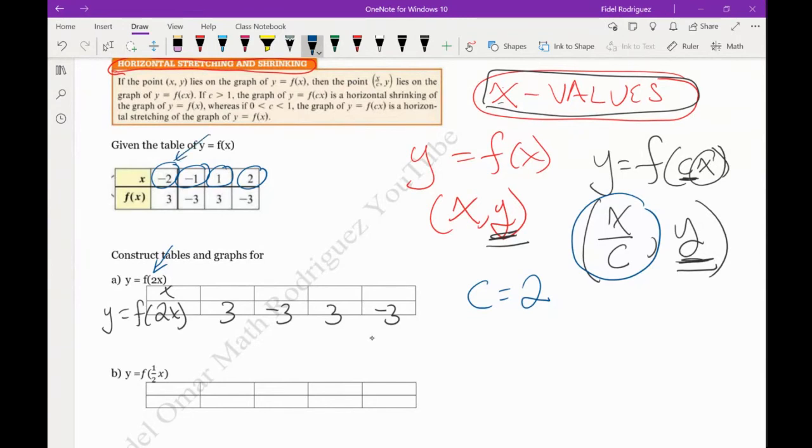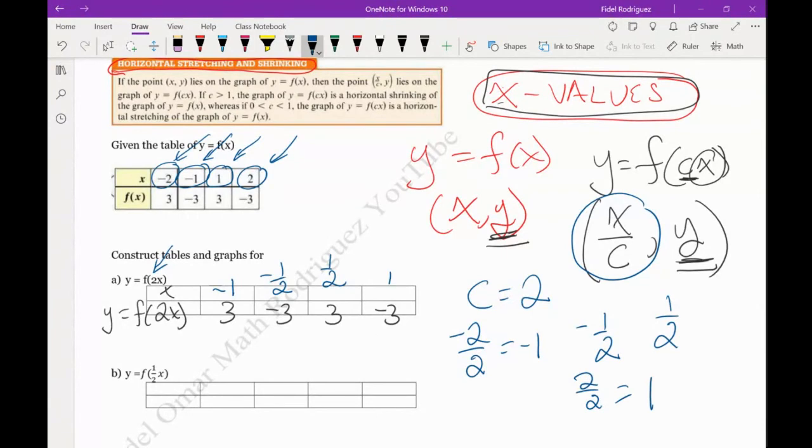We take this first number, -2 divided by 2, is -1. That's the number that goes right there. Then the second number, -1 divided by 2. I can't do anything with it, so -1/2. Then the third number, 1 divided by 2, is 1/2. And then the fourth number, 2 divided by 2, gives me 1. And there's my table for y equals f of 2x.